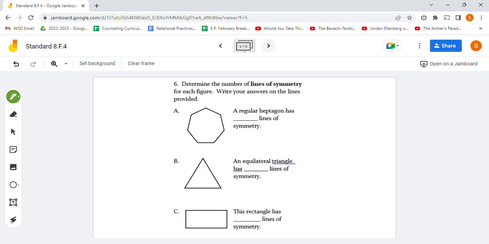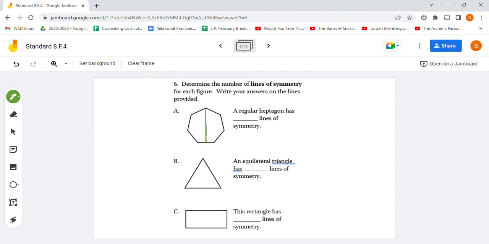For our next set of questions, we have to determine the number of lines of symmetry. The first one is a regular heptagon. It has 1, 2, 3, 4, 5, 6, 7 sides. And our lines of symmetry are going to correspond with those. If I go straight down, for example, that cuts this off. Right there, we have a line of symmetry right down the middle.